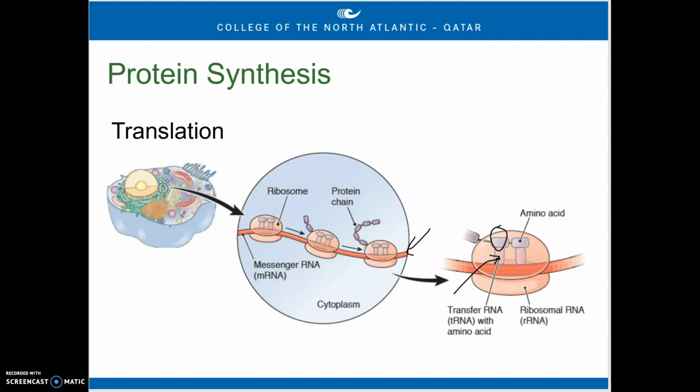So as our ribosome moves along the strand of mRNA, they code for amino acids. So each time we see a different set of nucleotides, so for example, we could have AUG, we could have CUA.